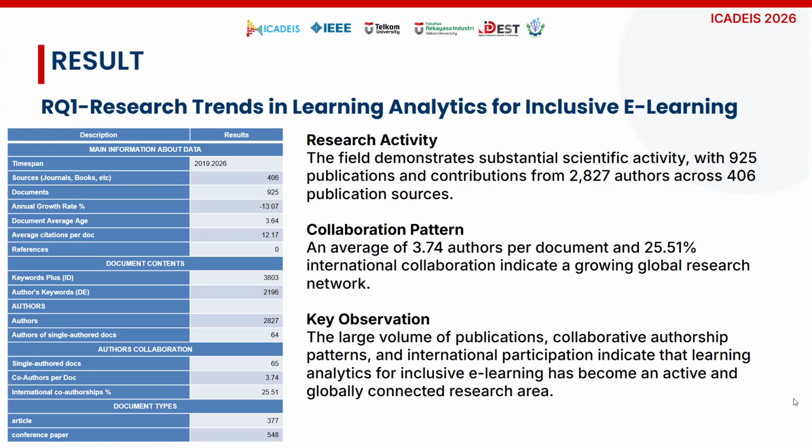We also found that the share of multi-authored documents with international collaboration is 25.1%. This indicates a growing global research effort, and that learning analytics for inclusive learning has become active and well connected in this area.